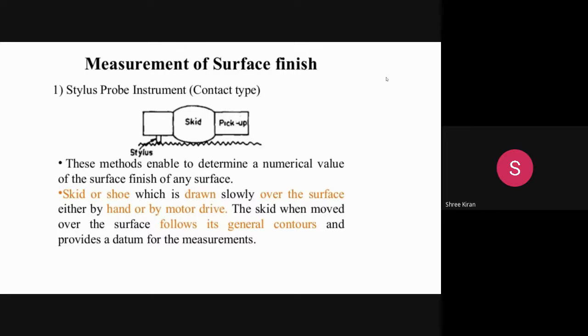It may be interferometry, the principle of superposition, laser interferometry, or CMM, coordinate measuring machine, all of that. Before that we will have a basic idea of the measurements and surface finish, then we will go on.